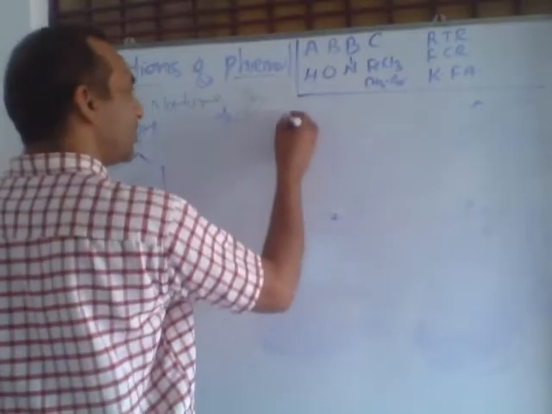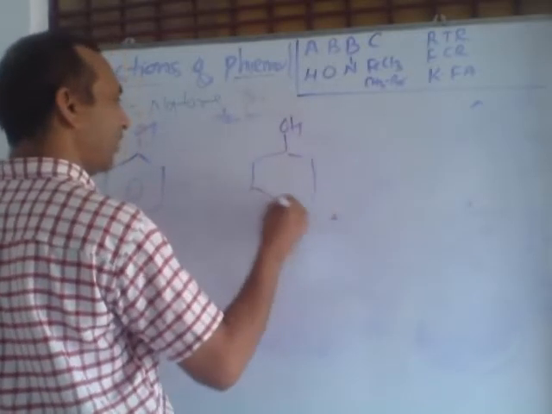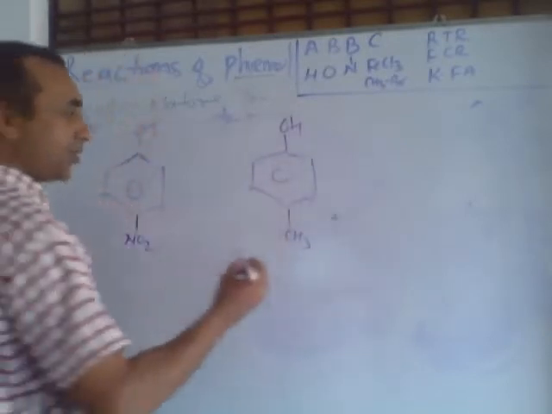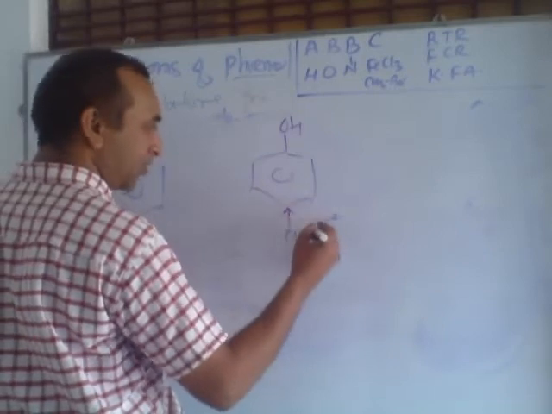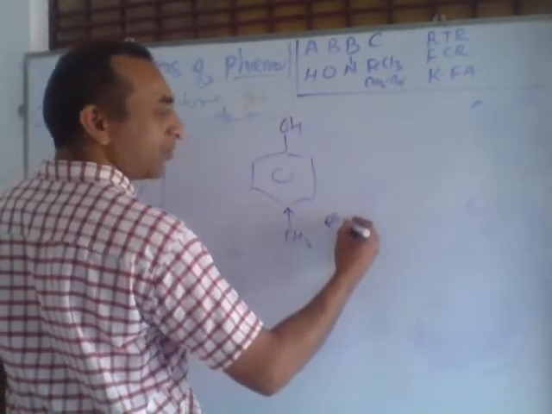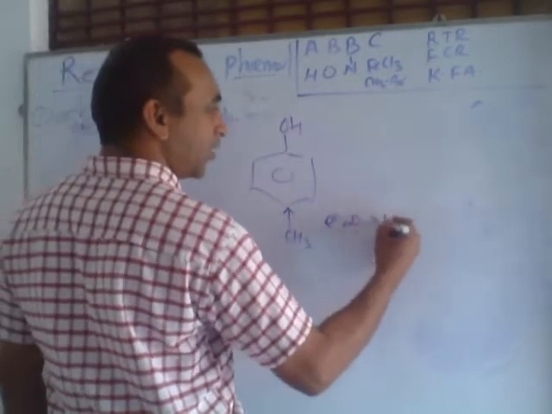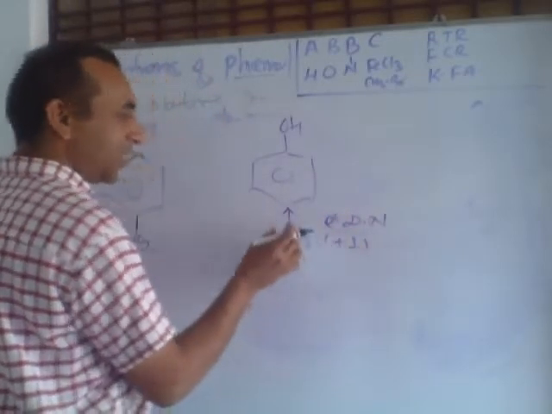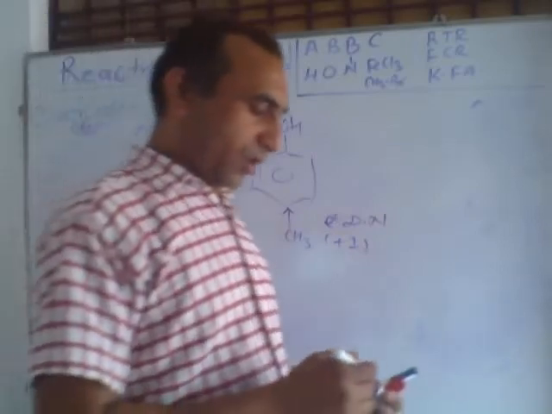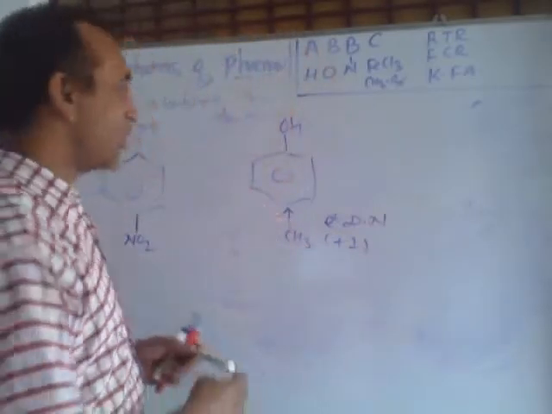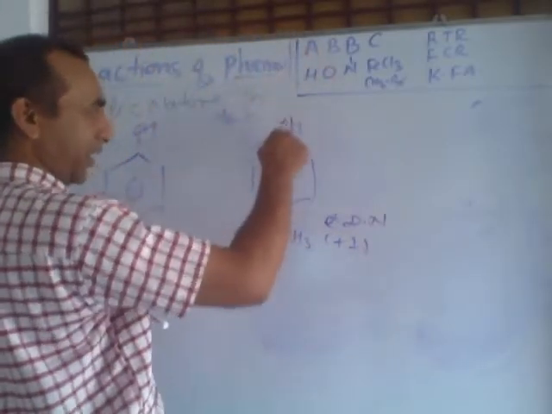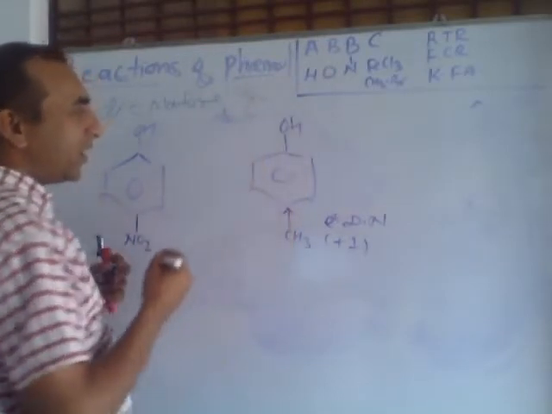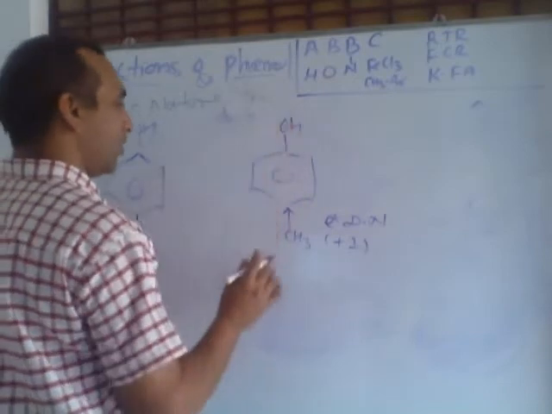In this compound, this is also phenol, but on the para position there is a CH3 group. The nature of the CH3 group is electron donating. Electron donating means due to the plus inductive effect, the CH3 group provides electrons to the ring. So the ring is unable to attract electrons of oxygen, so this oxygen can't attract electrons of hydrogen.